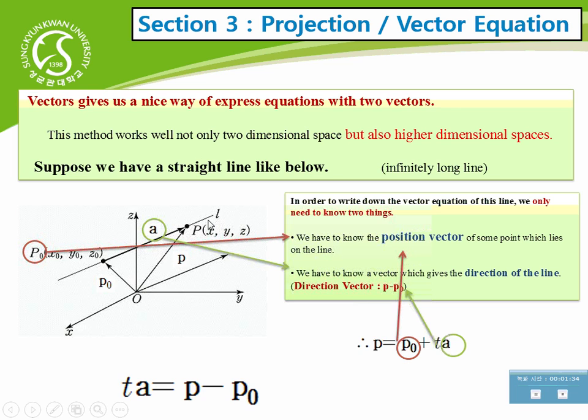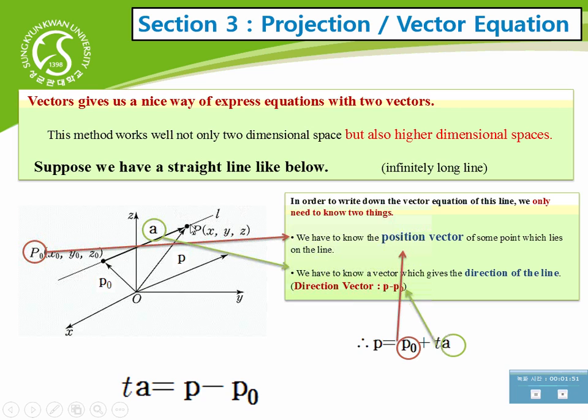So this line has to pass through some point on it. Let's say it's P0, and it should have a direction this way, so it should pass through this P as well.